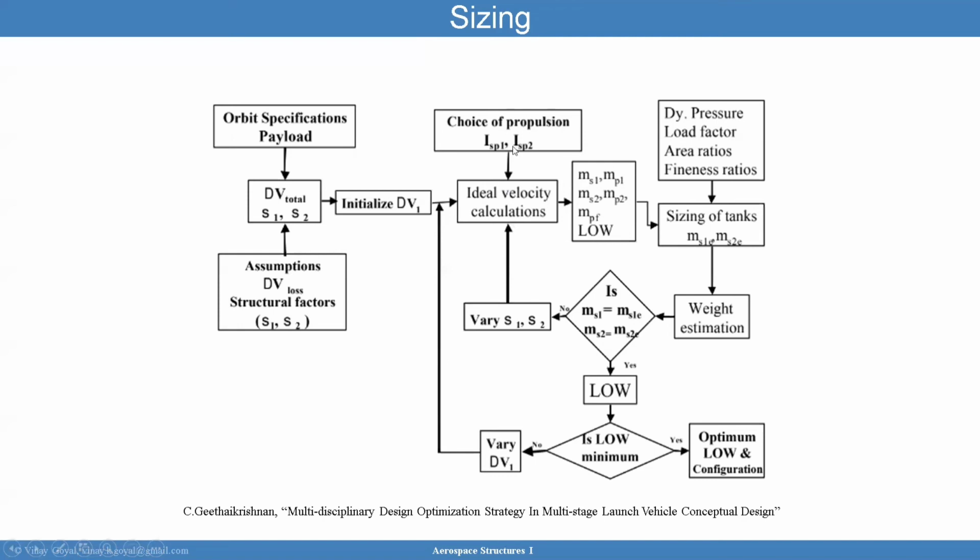You choose a propulsion system that gives you an ISP for stage one and stage two, and then you want to vary stage one and stage two. Then you plug it in here to determine the liftoff weight and the different mass allocations you need. You want to size the tanks, estimate the weight, and then calculate the minimum liftoff weight you need. You want to keep iterating here to minimize that value.